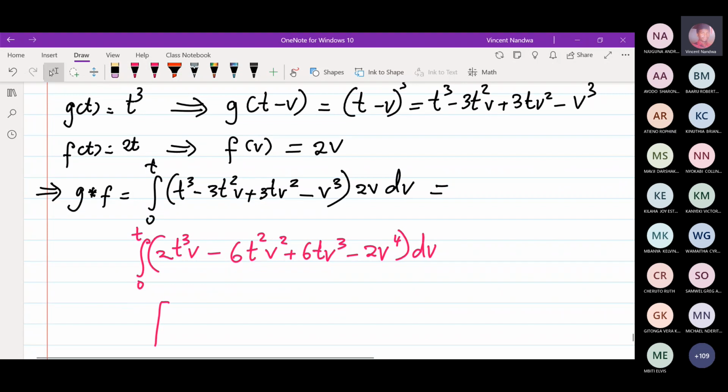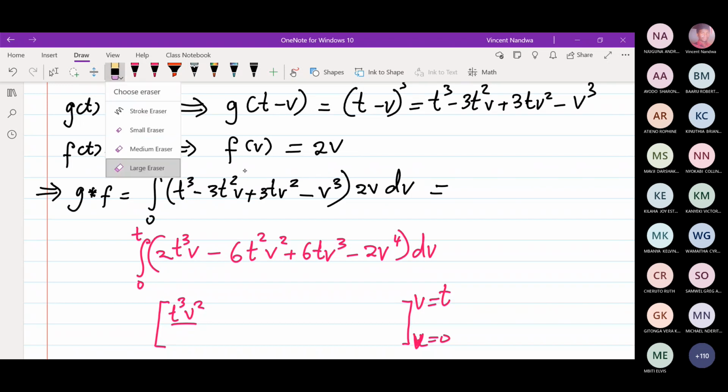Remember you are carrying out integration with respect to V, with V from 0 to V equals T. So what is not V is taken just to be a constant. By the power rule, the first term gives T cubed V squared over 1, because the 2 cancels the 2, or if you like, you can put 2 over 2.